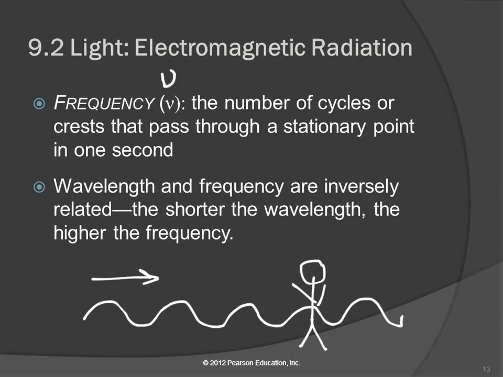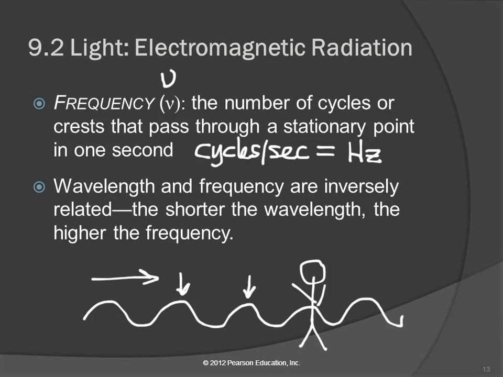The frequency is if you start counting how many of these crests pass you in 1 second. That's the frequency of the light. And the frequency is going to have units of cycles per second, which is the same as hertz. You've maybe seen that. Hertz or kilohertz.